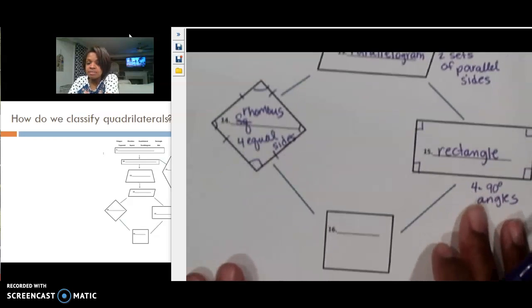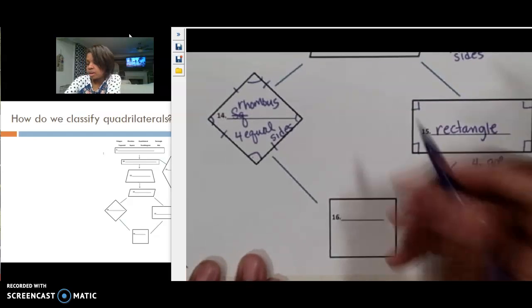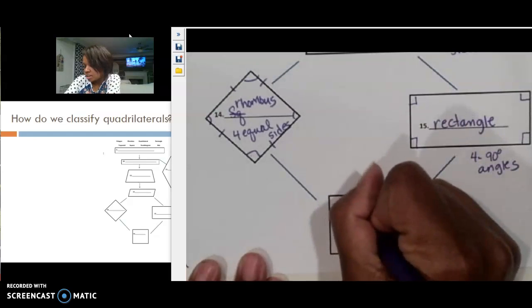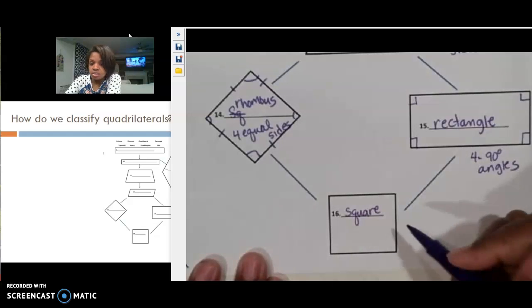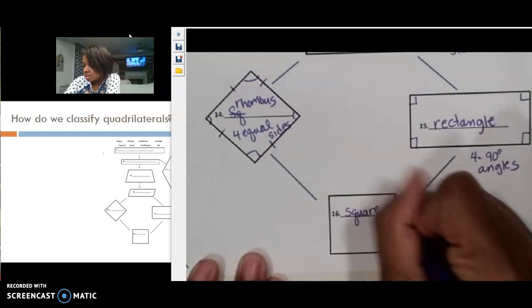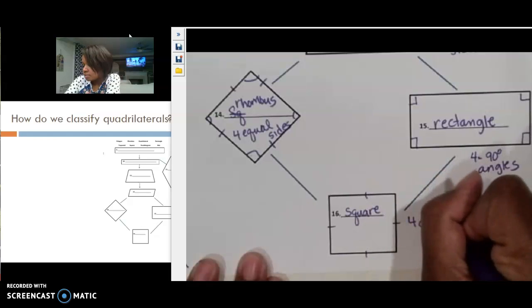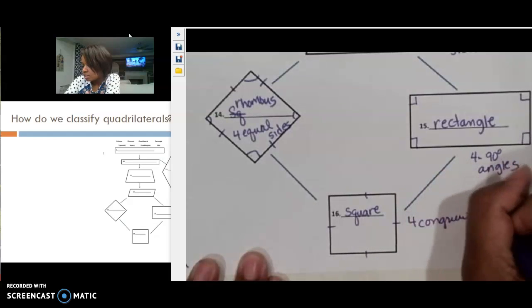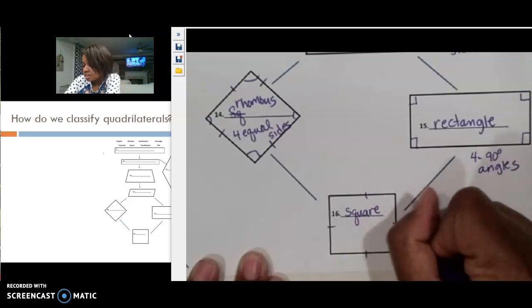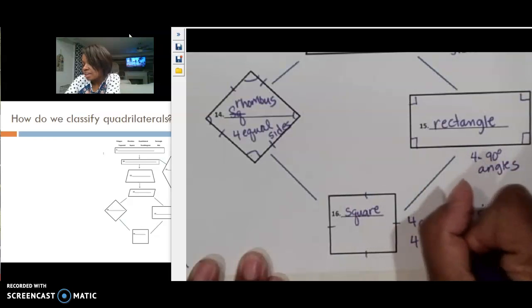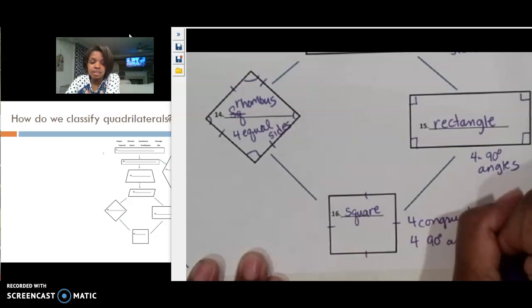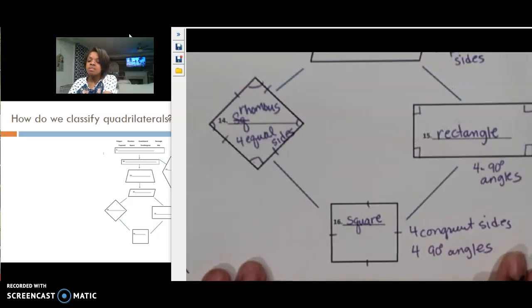Okay, and then finally is the square. Okay, so a square has to have four congruent sides and four 90-degree angles.